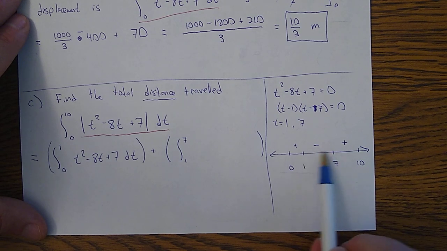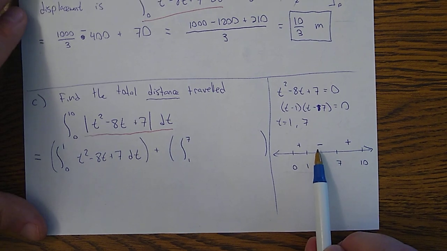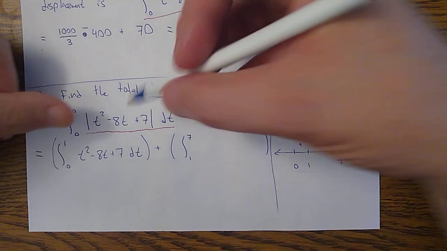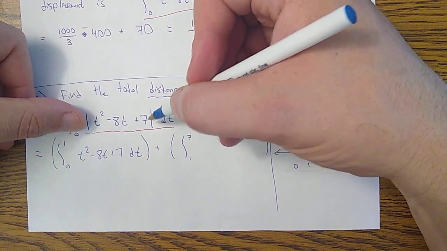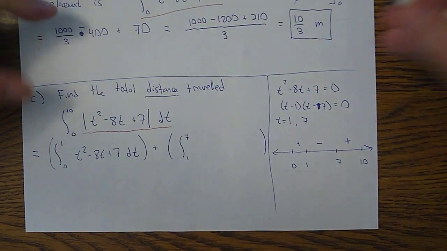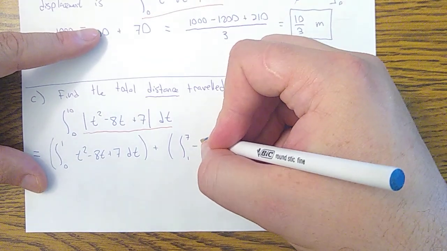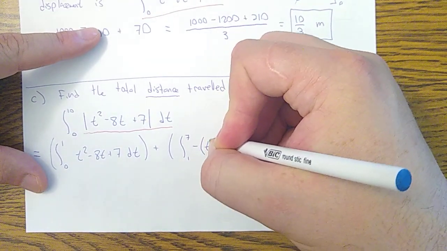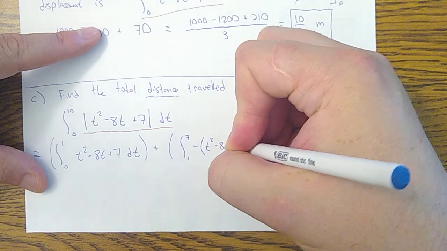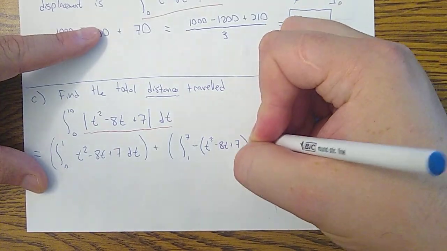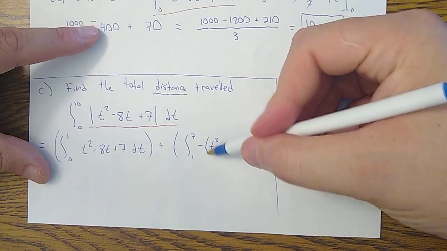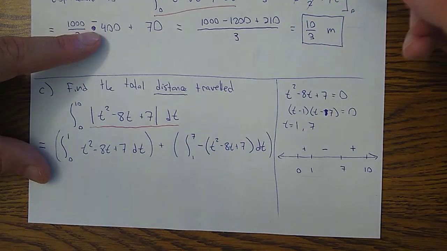So for my next piece, this function was negative. So what does the absolute value do to a negative number? It switches signs. So here's one way to algebraically represent that. I just put it in parentheses with a negative in front.